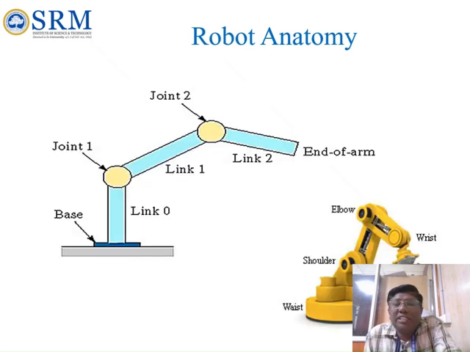And if you look at the same one which is available here also, this is the base, and you will have a link. So this is the link which you are having, and you are having a joint, a turning pair, joint 1, and you are having another link and joint 2, and you have another link, link 3, and the end arm, where you are having the end effector, where the components are produced. So this is the typical jointed arm configuration robot. Okay.